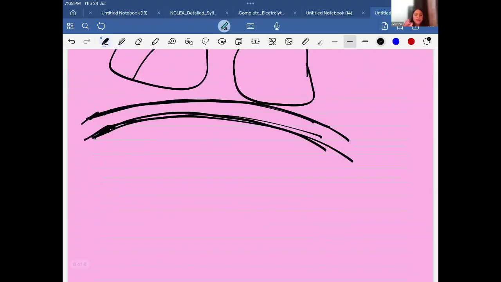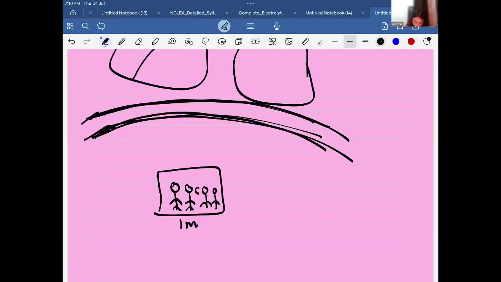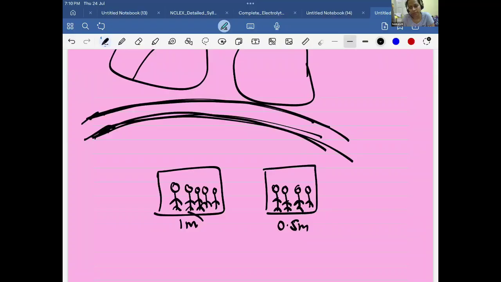Okay, let me give you an analogy. You have an area of 1 meter, and in that 1 meter there are 5 people living. Now I reduce this area to 0.5 meter and still there are 5 people living.